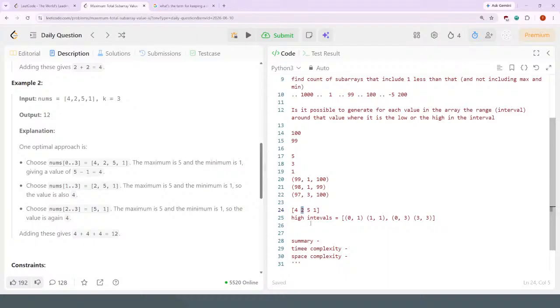Can I even do it in one run? If I have a monotonic increasing stack: 4, then 2, 2, 5, and then 1.